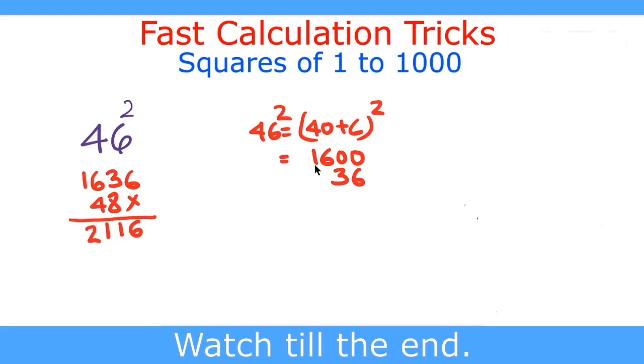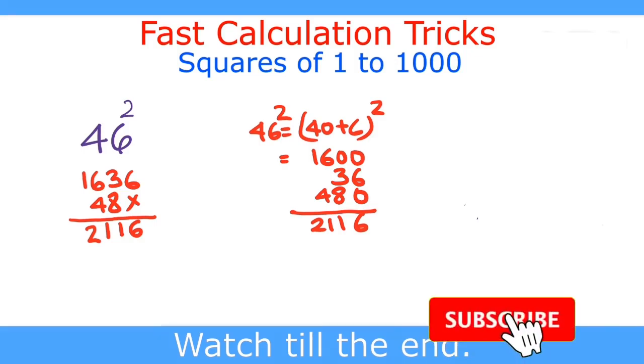Now 40 multiplied by 6 is 240 and double of 240 is 480. So we write 480, and this we have already done here by writing 48, and after that the cross term is nothing else but the 480. And on adding all these, it is 2116. Thus the square of 46 is 2116.